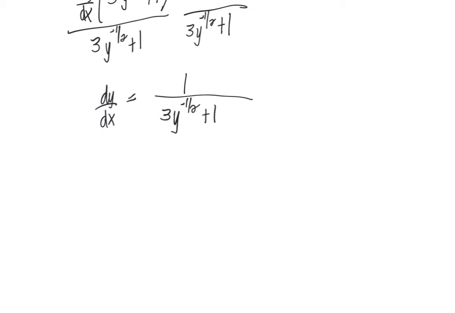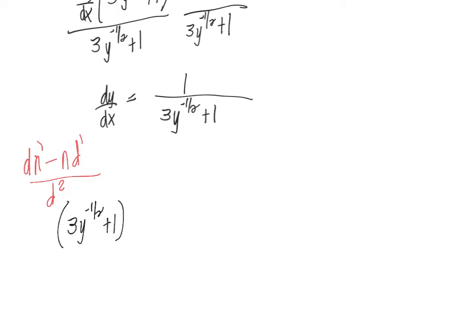That quotient rule being the denominator times the derivative of the numerator minus the numerator times the derivative of the denominator, all over the denominator squared. So the denominator 3y to the negative 1/2 plus 1 times the derivative of the numerator, so 0, minus 1 times the derivative of the denominator.